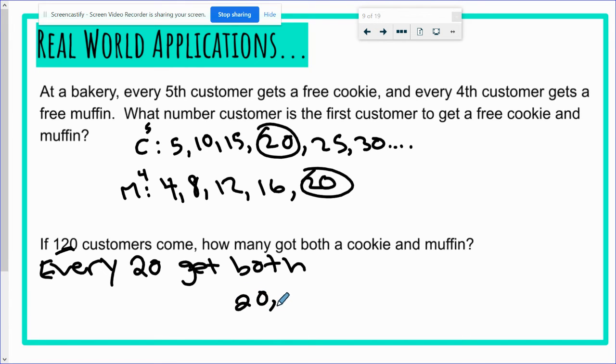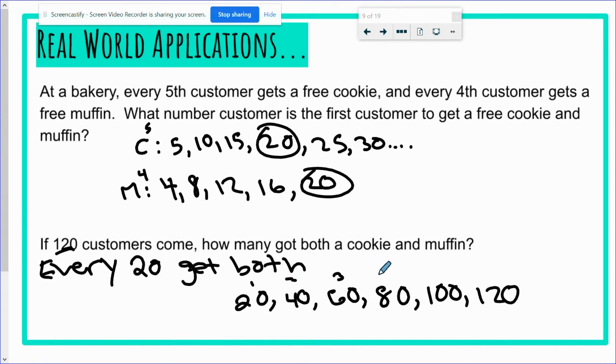The 20th would get both, the 40th, the 60th, the 80th, the 100th, and the 120th. So 1, 2, 3, 4, 5, 6 customers would get both of them. Because again, every 20 customers, as we discovered in part A, get both prizes. So if we count by 20s up to 120, we count 6 times, or 6 customers.